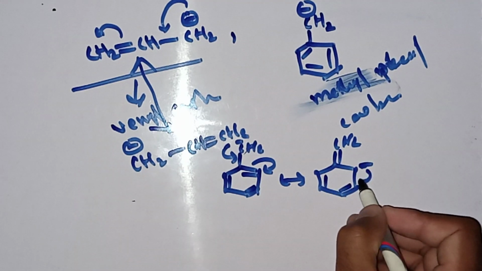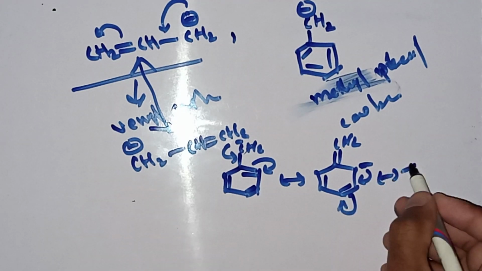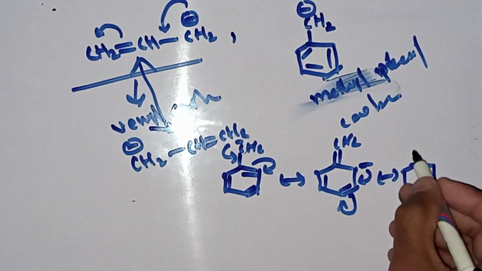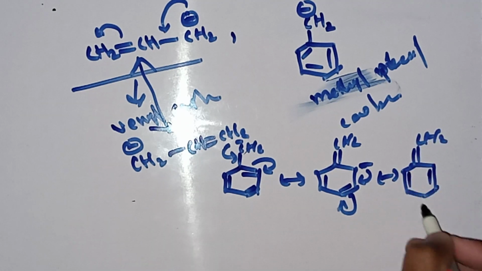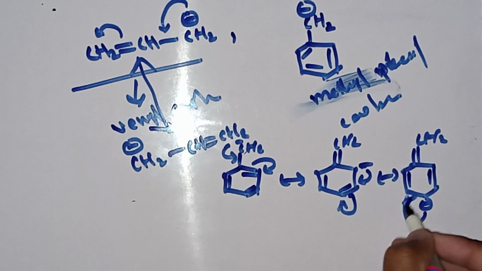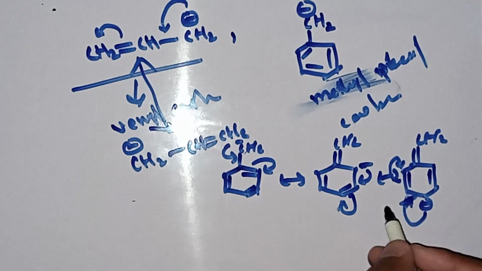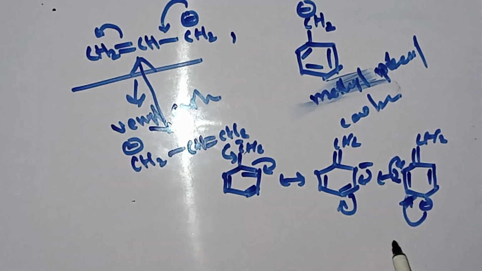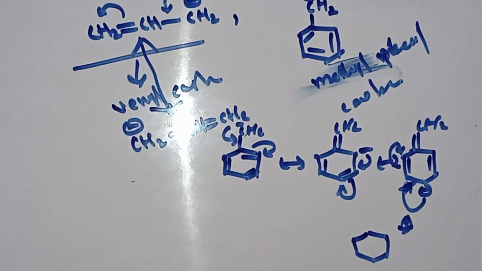If this negative charge makes a double bond here, this negative charge will shift here, so it will become like that: double bond CH2, double bond, negative charge. This negative charge shifts here and this double bond shifts here, so the lone pair will be like that. It will be formed like that.